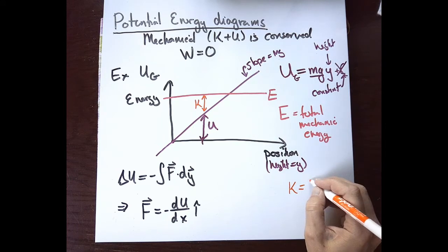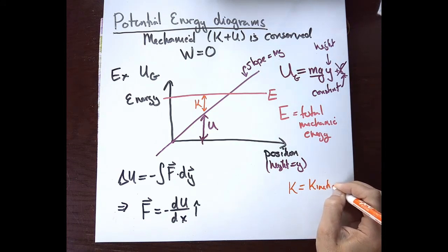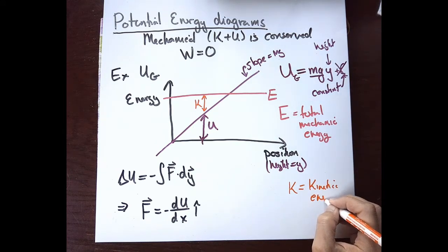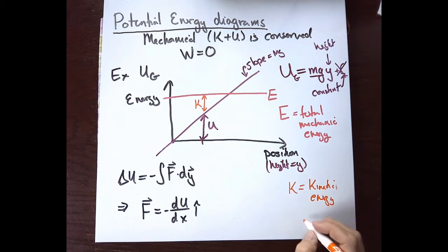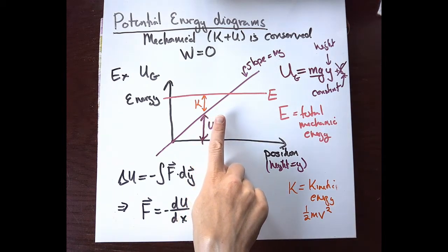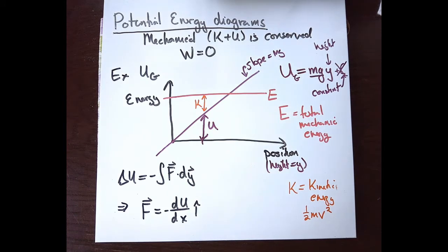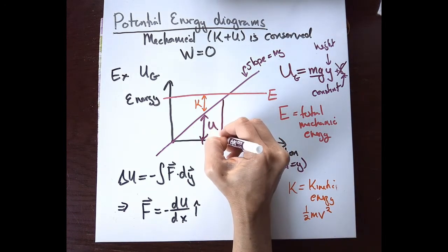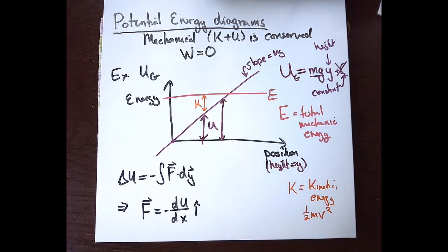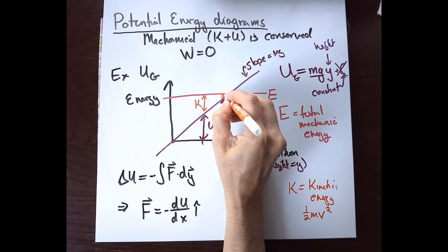In orange K, we got kinetic energy, which is your energy due to your motion, which is 1/2 your mass times your speed squared. So if we move up this way, we're going to have more potential. So U will get bigger. K will get smaller.